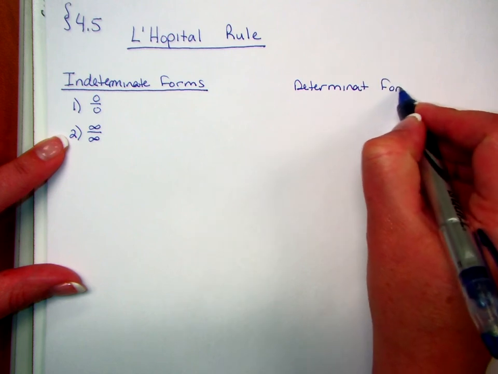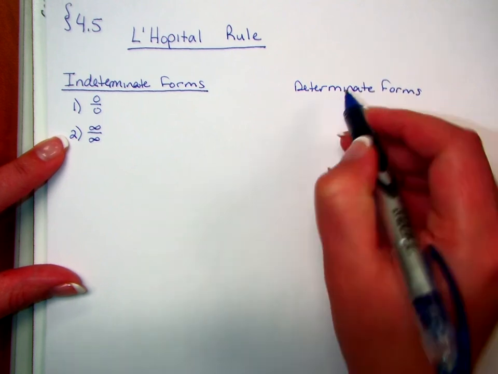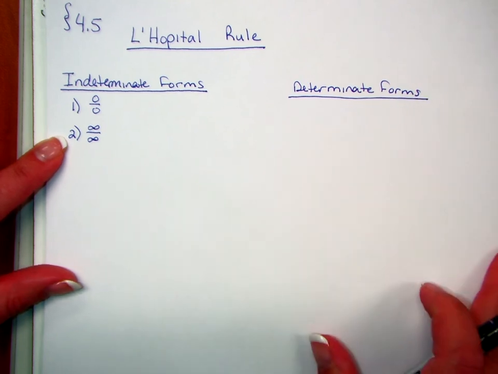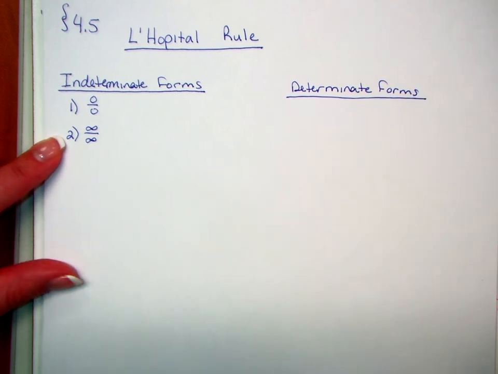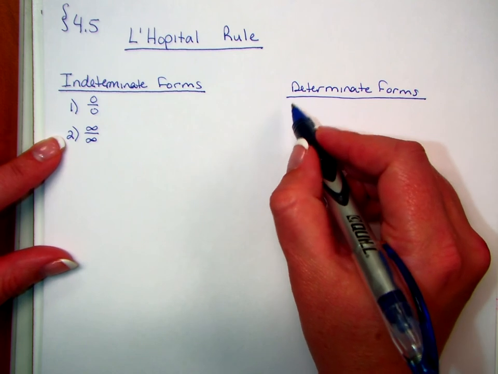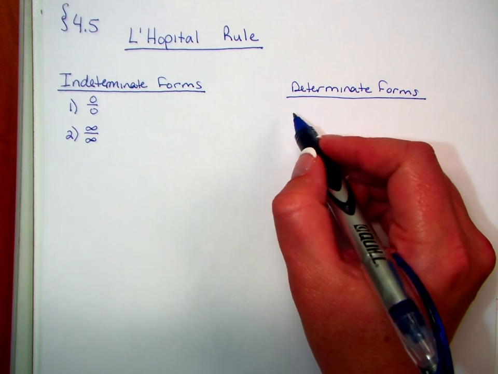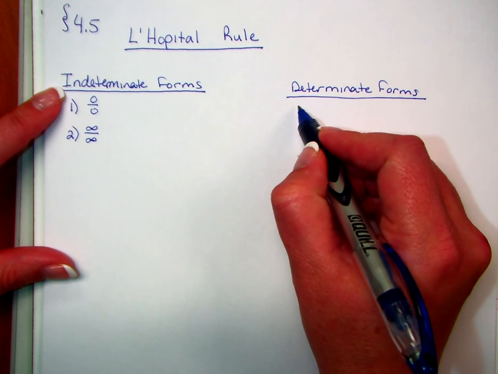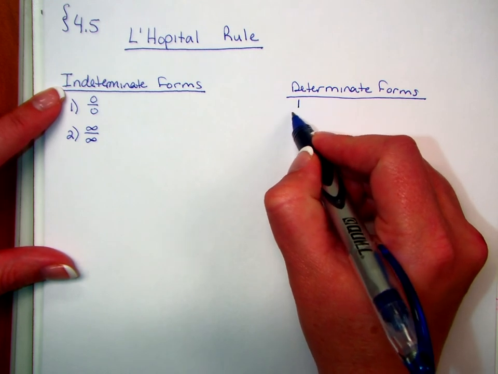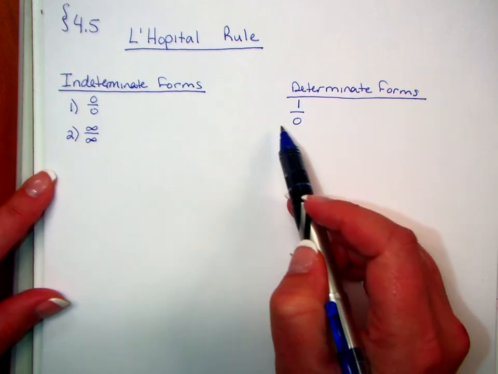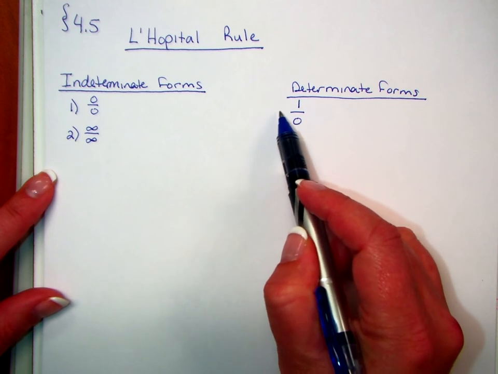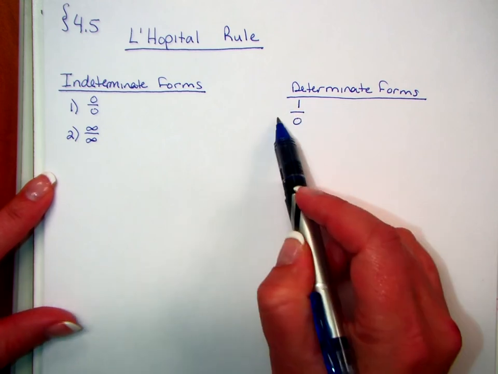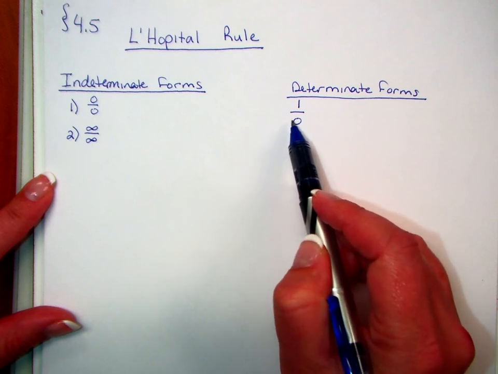So to contrast these indeterminate quotients, I would like to look at determinate quotients. Determinate forms. If you get these forms, the answer is always the same. Okay? So anytime one of your functions heads to a constant, it's almost always a determinate form, right? So I'm going to use 1 as our constant. So if we get 1 over 0, that means the limit of our top function went to a constant, so 1, 5, 10,000, and our bottom function went to 0.